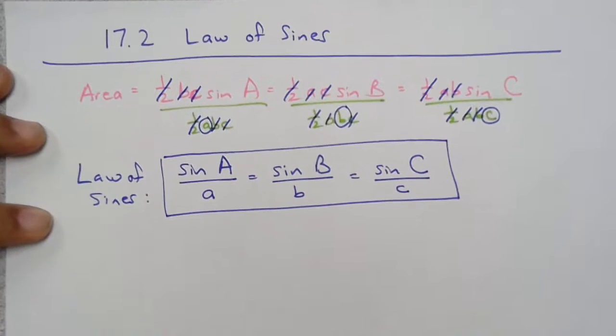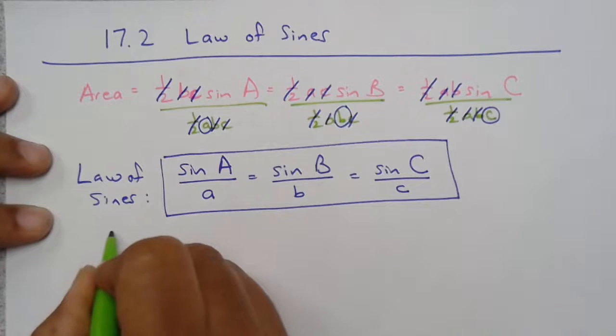Okay. Now we're going to use this to solve for any triangle. And when I say solve for any triangle, you can solve for all the angles and all the sides as long as you know this bare minimum information.